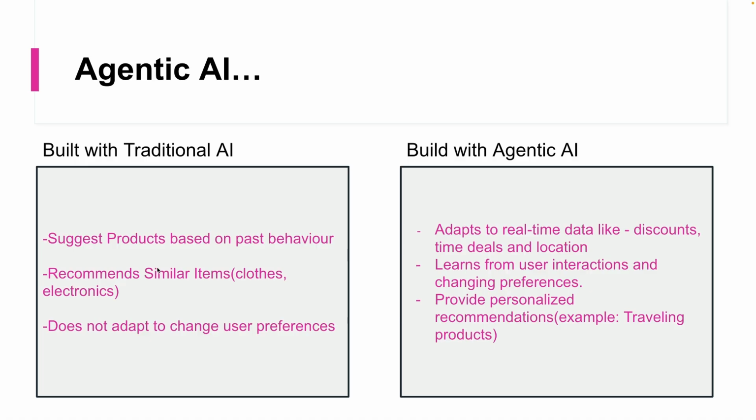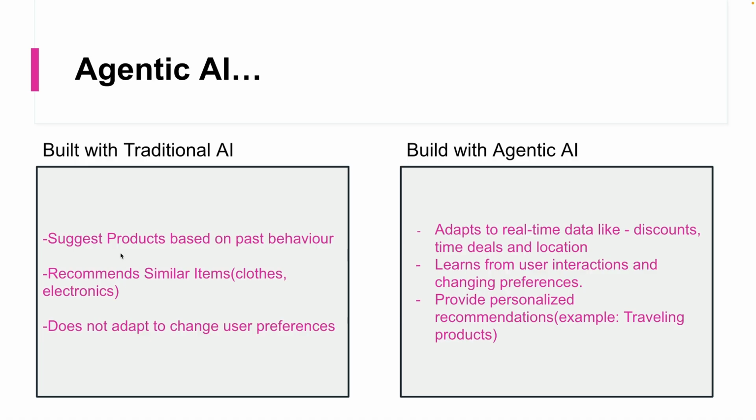Taking the recommendation system as an example, traditional recommendation systems are pretty good at suggesting products based on what we have done in the past. This is the underlying thing: what we have done in the past. For example, if you have bought a lot of smartphones, a system might suggest other smartphones or phone accessories. But these systems are limited because they only look at past behavior and don't always keep up with changing preferences.